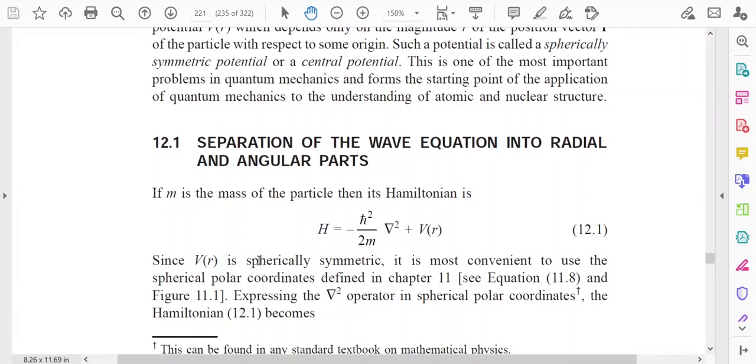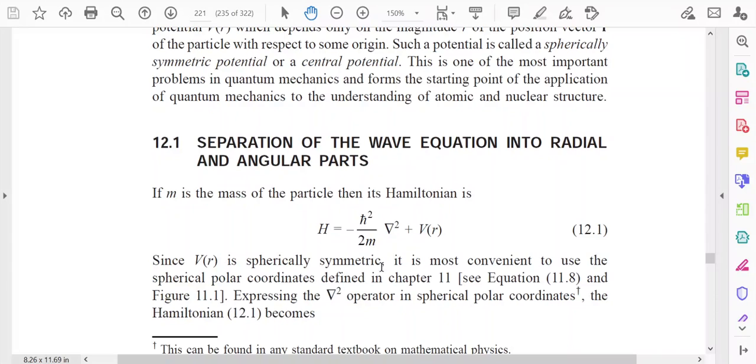Now, we are concerned with the case when V(r) is spherically symmetric. It is very convenient to use spherical polar coordinates for the del square operator. We have already discussed the form of del square in spherical polar coordinates in our earlier lectures.